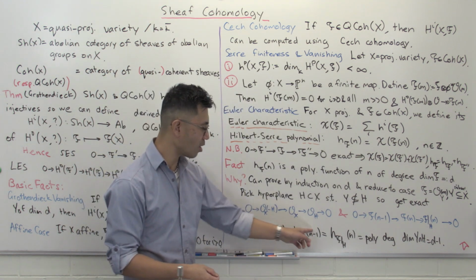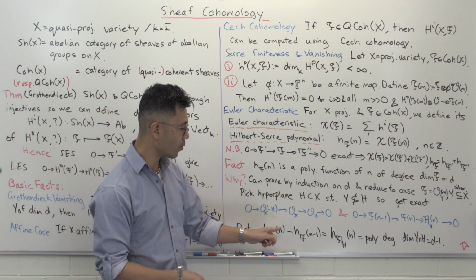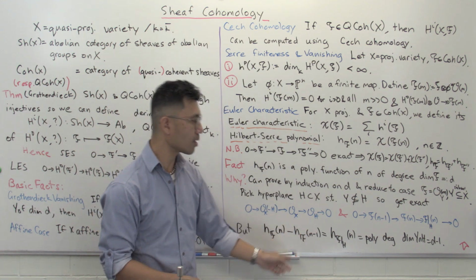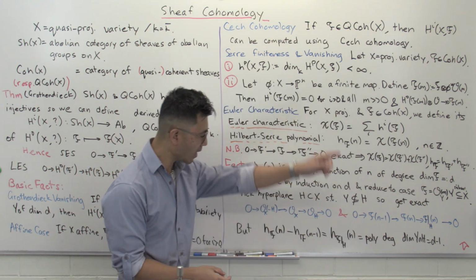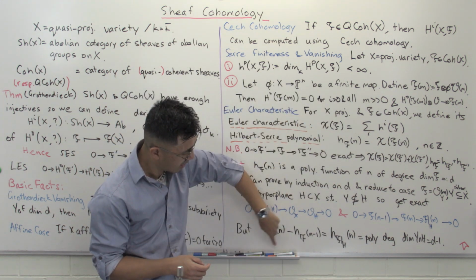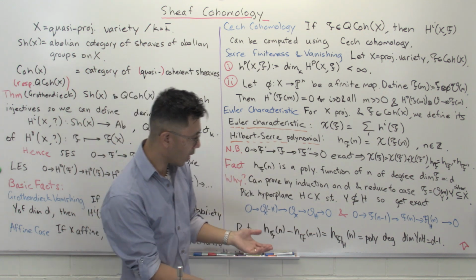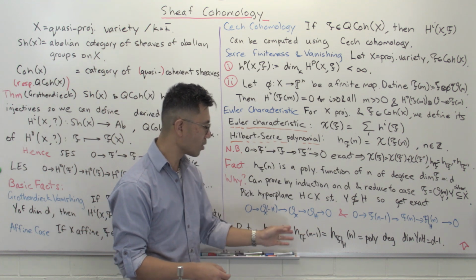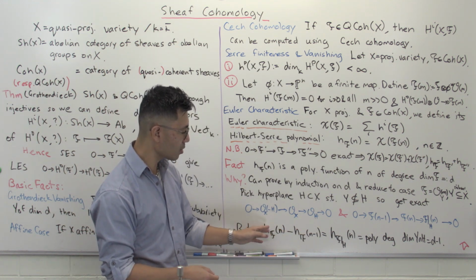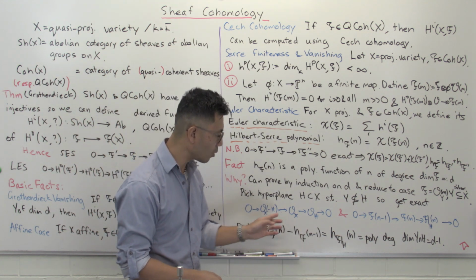And now this is a function on the integers. This hF is a function on the integers, such that when you evaluate at n and n minus 1 and take the difference, that's a polynomial of degree d minus 1. And the only way that that can happen is if this here is actually a polynomial of degree d. One way to see why that's true is that you evaluate this function hF at two consecutive values, n and n minus 1, and take the difference.